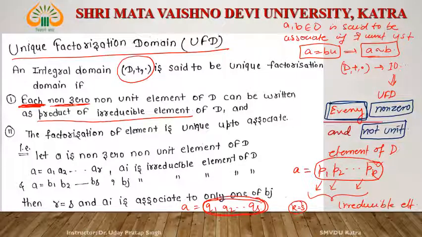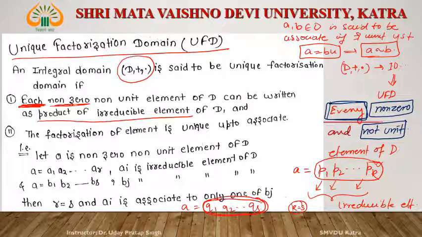This is the definition of associate: if there exists a unit u such that a is equal to bu, then a and b are associate.